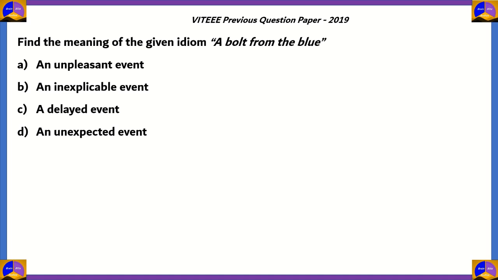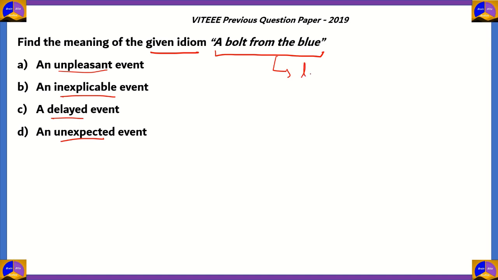Now, the next question here is to identify the meaning of the given idiom. The idiom is a bolt from the blue. So the four options are an unpleasant event, an inexplicable event, a delayed event, or an unexpected event. So what does a bolt from the blue literally mean?